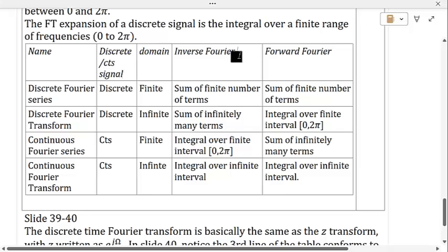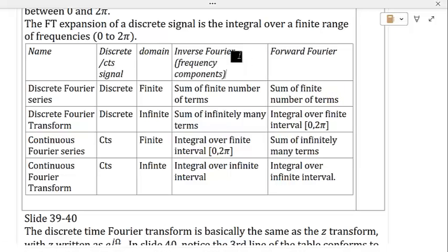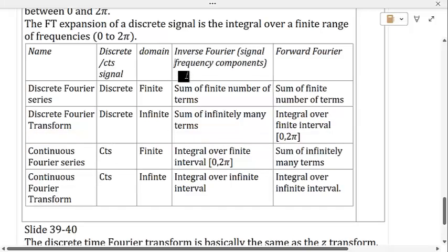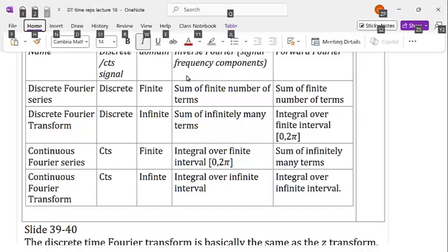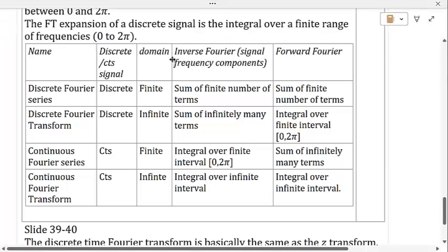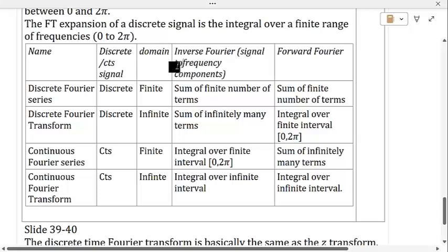Now, to compute the inverse Fourier, I can just call these the frequency components. So this Fourier goes from signal to the frequency components. Oh, sorry. Let's go back there. Signal to frequency components.